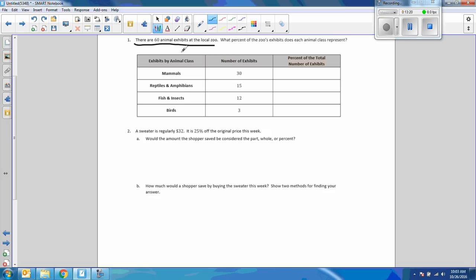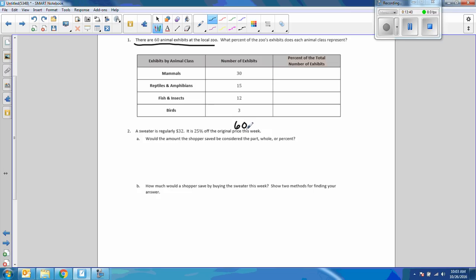Okay, exhibits by animal class, number of exhibits, percent of the total number of exhibits. So if I take 30 plus 15 is 45, and 12 is 57, and 3 is 60, then that definitely does add up to 60. So I do want to check that. So 60 is 100%. So it says what percent?